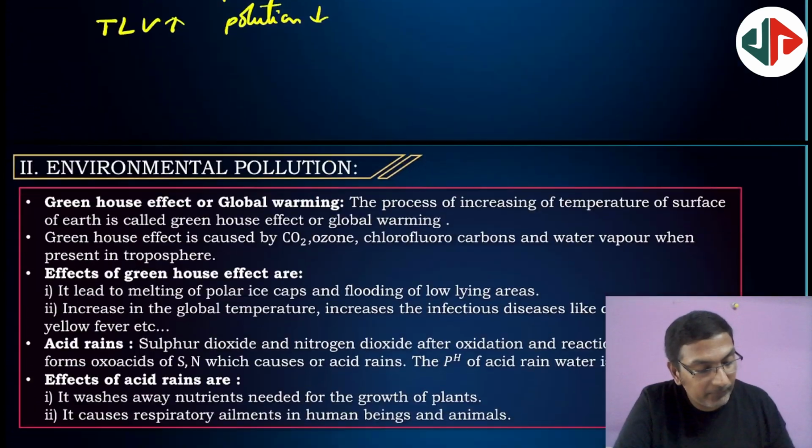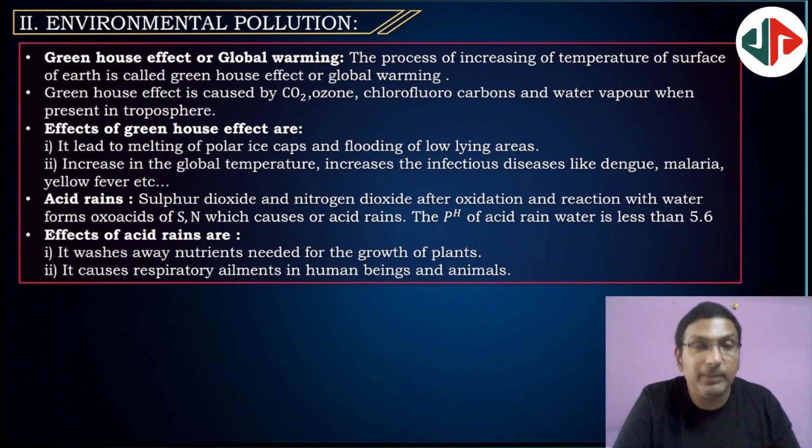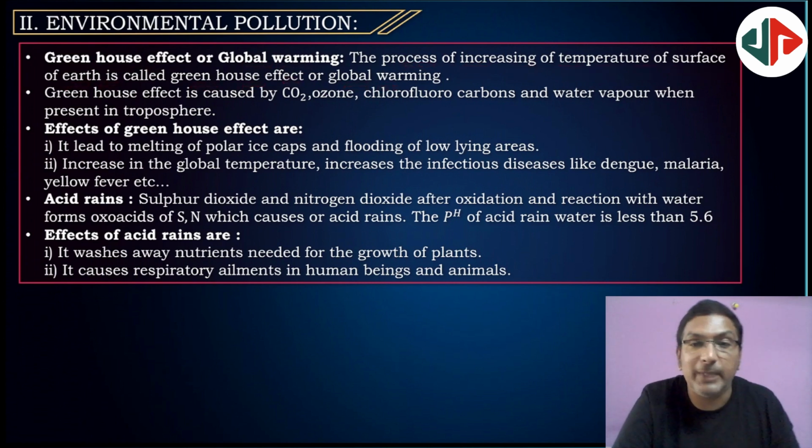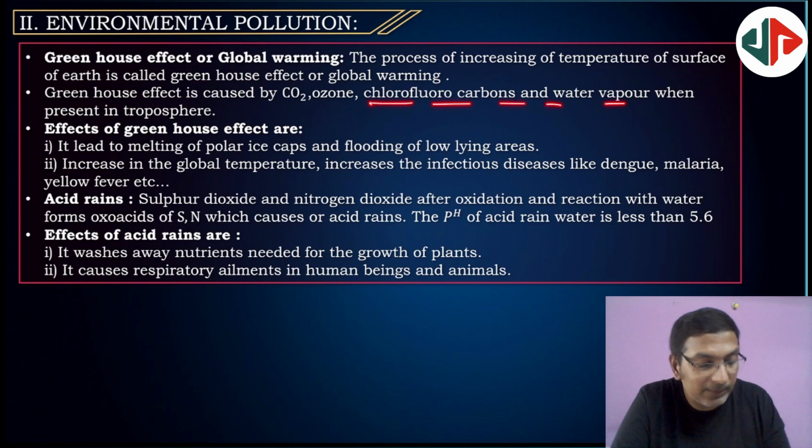Next, environmental pollution: greenhouse effect or global warming. The process of increase of temperature of the surface of the earth is the greenhouse effect or global warming. The greenhouse effect is caused by CO2, O3, chlorofluorocarbons, and water vapor.